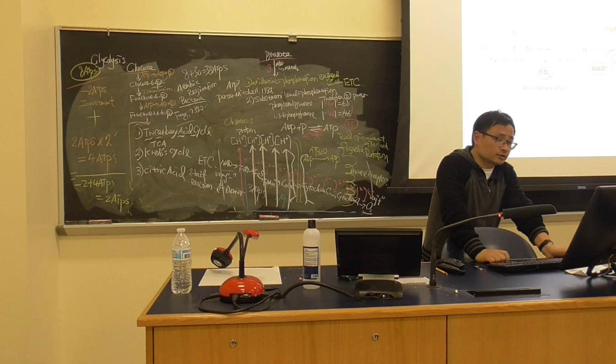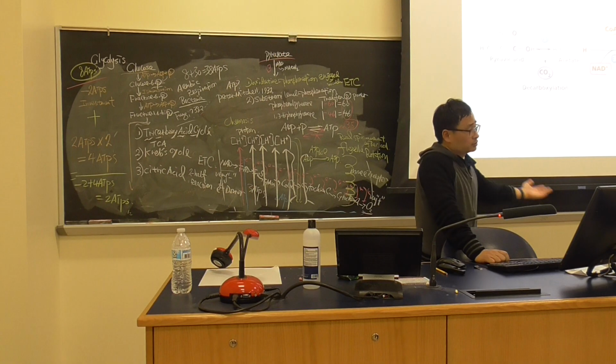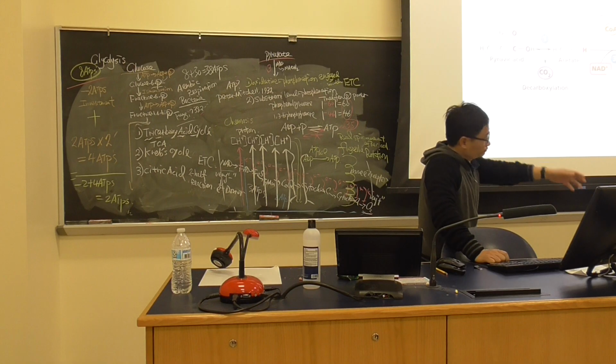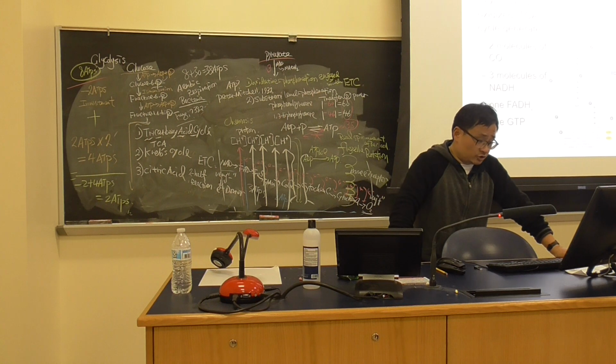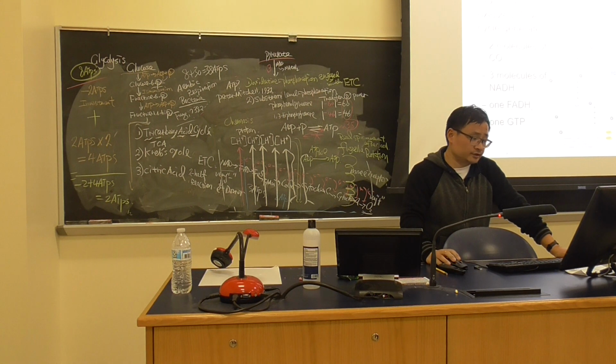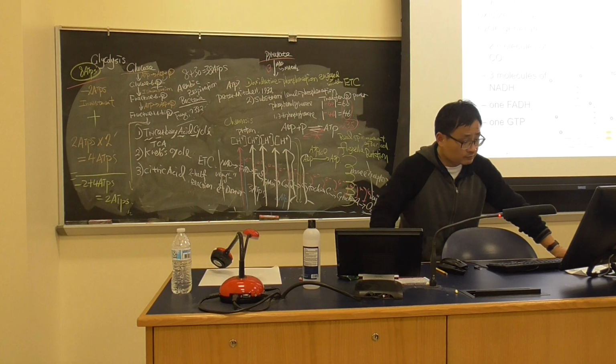Okay, aerobic respiration. This is just to explain to you the transition step from pyruvic acid to coenzyme Q. And this is what we talk about, is TCA cycle. So going from pyruvate, acetyl-CoA, citric acid, isocitric acid, alpha-ketoglutarate, succinyl-CoA, succinate, fumarate, malate, and oxaloacetate.